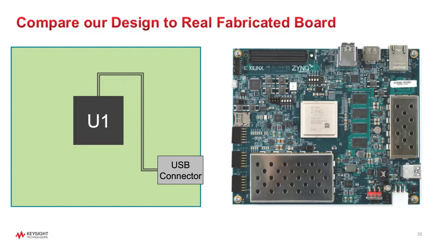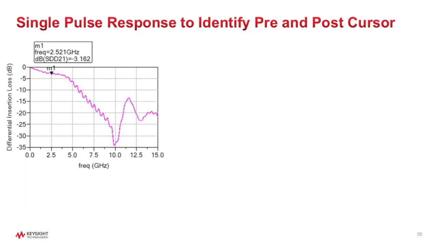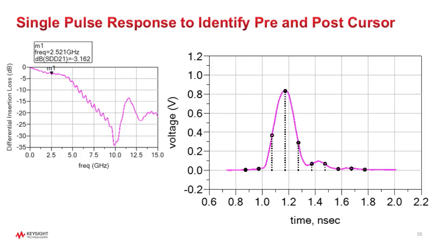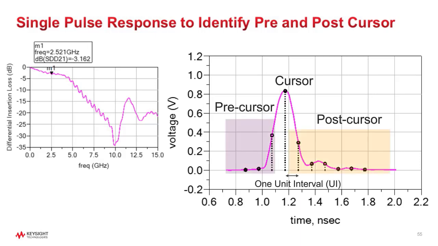All right, now to do that, let me go to that slide and then push to, right. So you should be seeing the loss curve right there and the single pulse response of the channel. And here's the cursor. So this is a quick review.